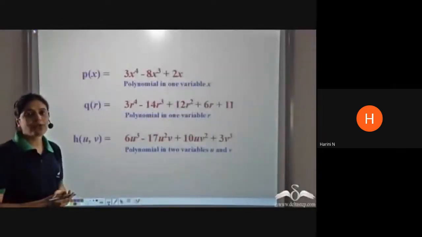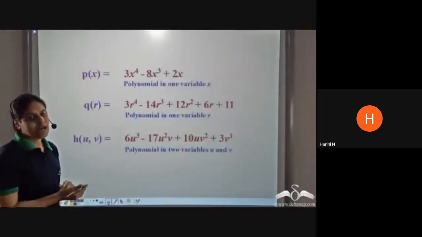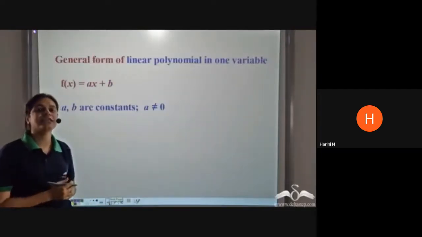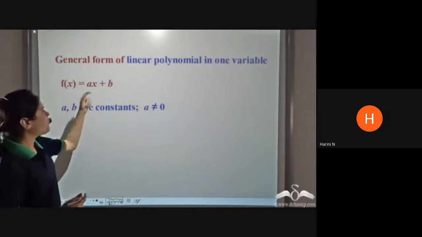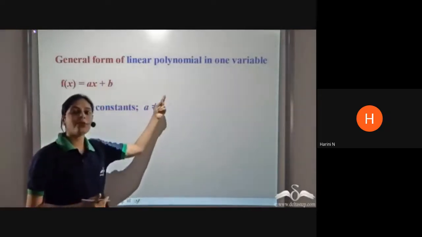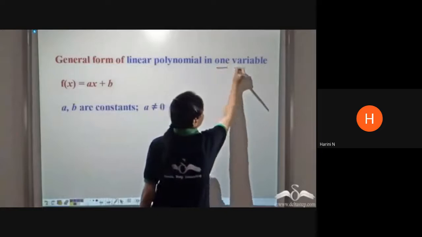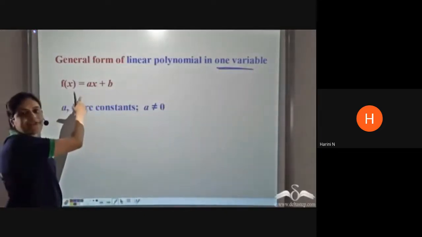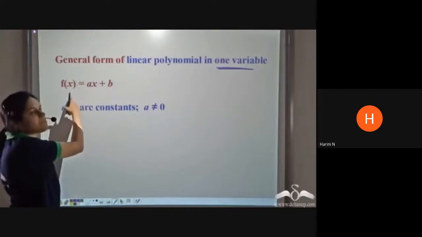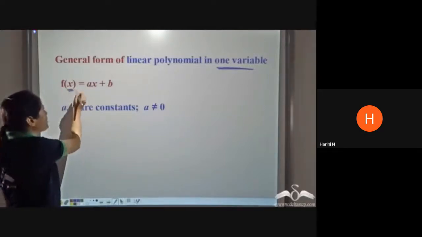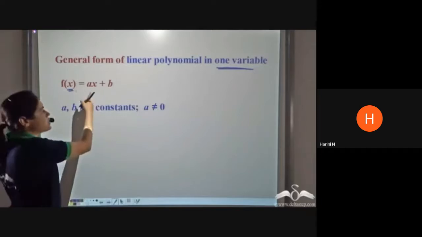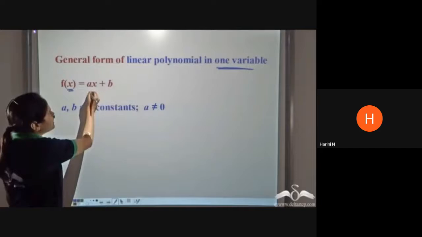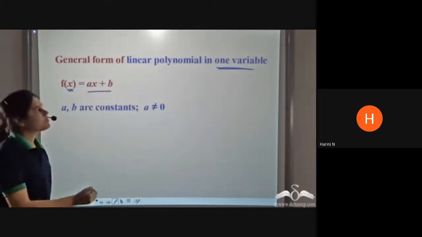Now, do you remember what linear polynomials are? A linear polynomial is a polynomial which has degree 1. And what is the general form of a linear polynomial in one variable? It can be denoted as f(x). f(x) is a polynomial in one variable x. And the general form of a linear polynomial in one variable is ax + b.